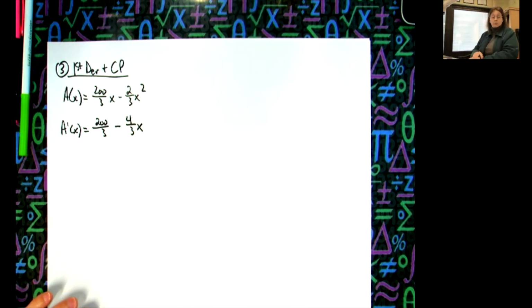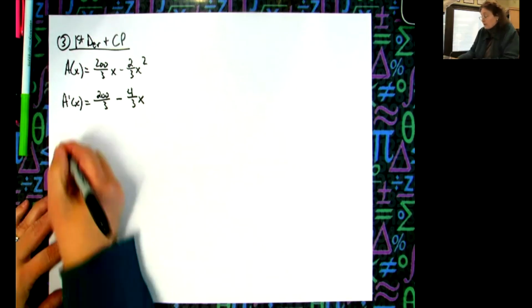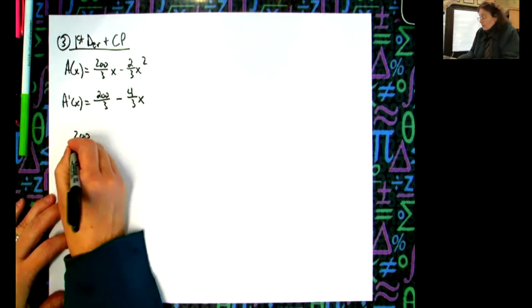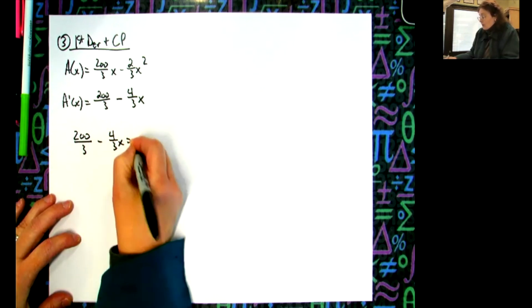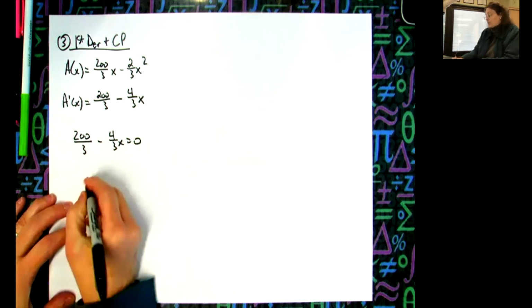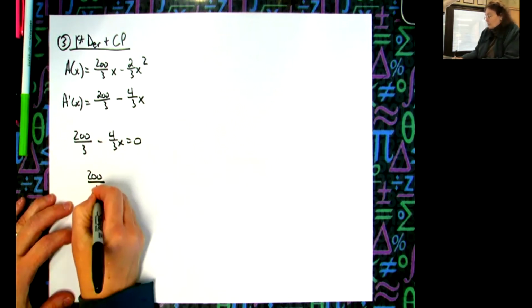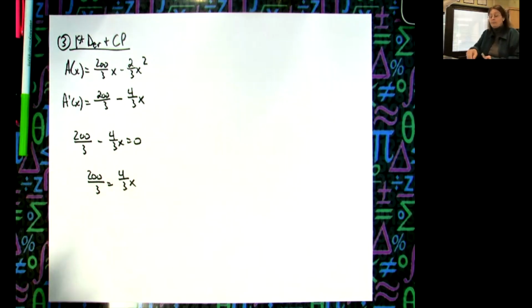At this point, after I've got that first derivative, we're going to set it equal to 0 so that we can find those critical points. So 200 over 3 minus 4/3 x equals 0. I think I'm going to move the 4/3 over to make it positive, just to make the math a little bit easier. And again, if you remember, this is arithmetic.